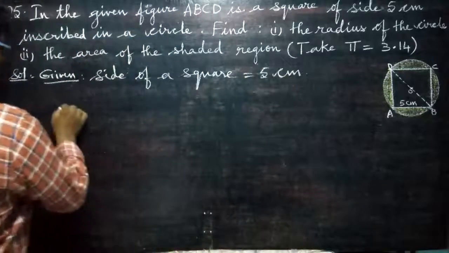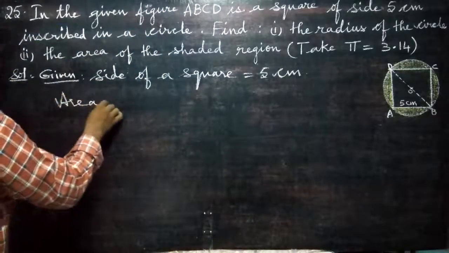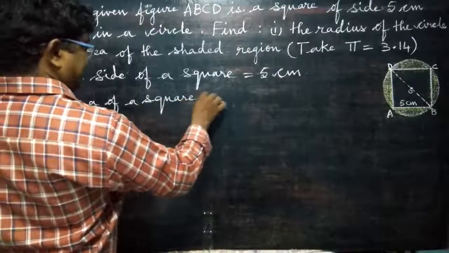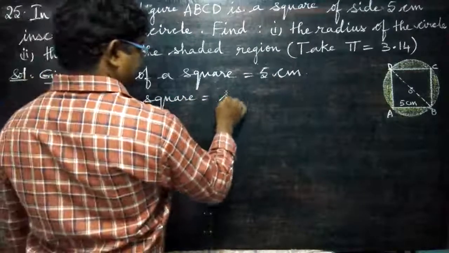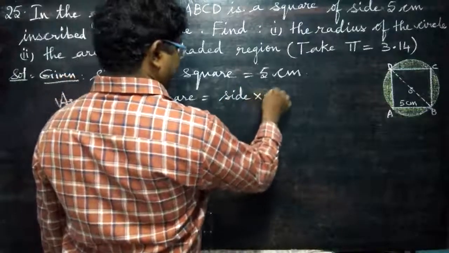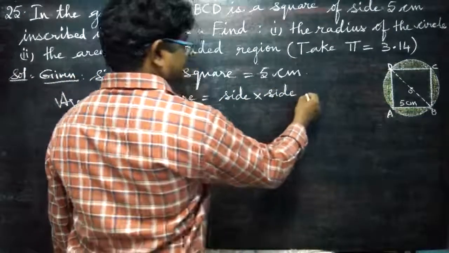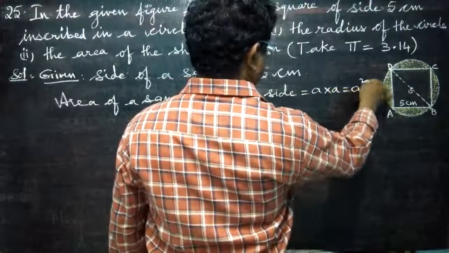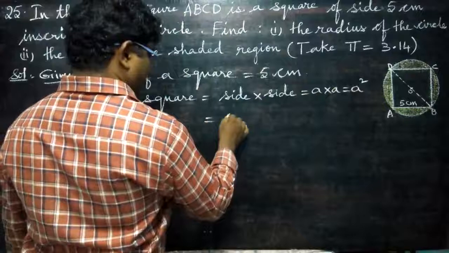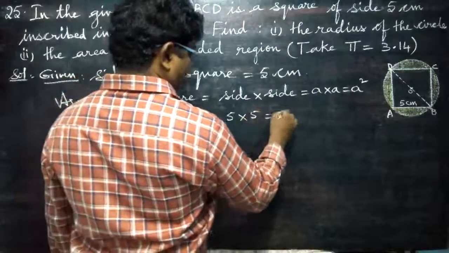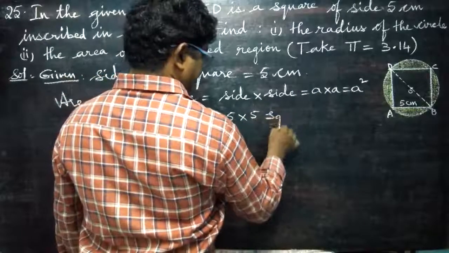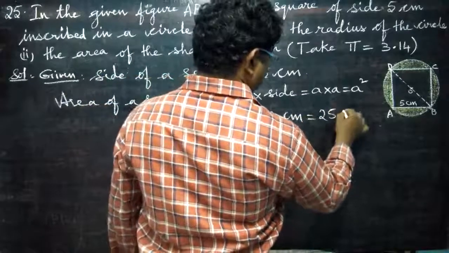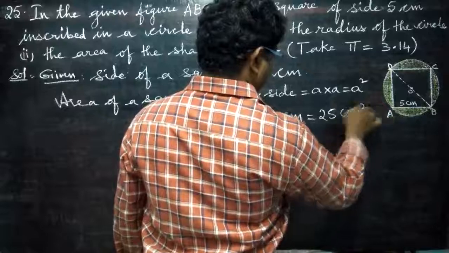Find the area of the square: side into side, or we can write A into A, that is A square. That is equal to 5 into 5, which is 25 square centimeters.